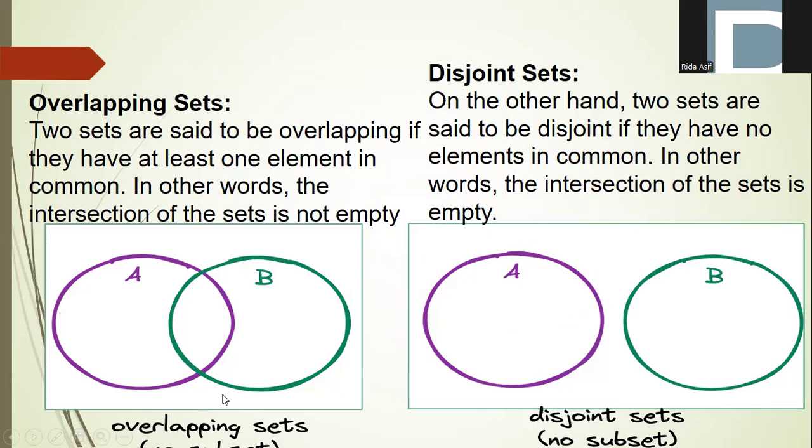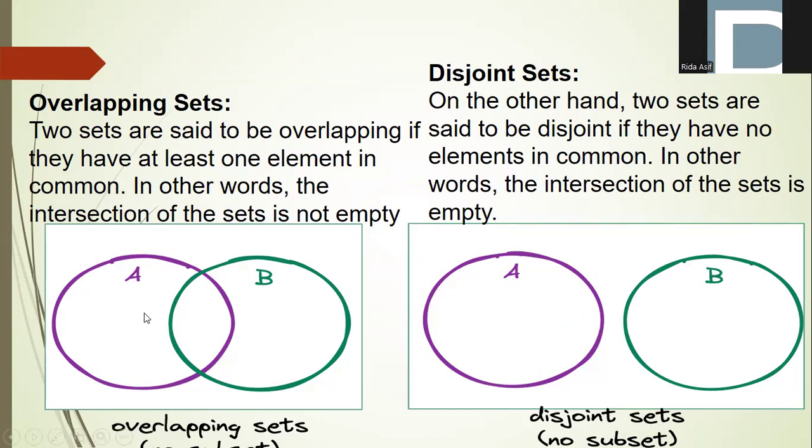Now let's talk about overlapping sets and disjoint sets. Students, two sets are said to be overlapping if they have at least one element in common. In other words, the intersection of the sets is not empty.